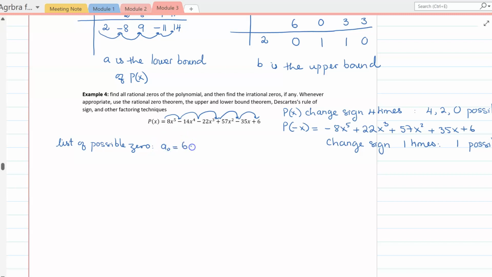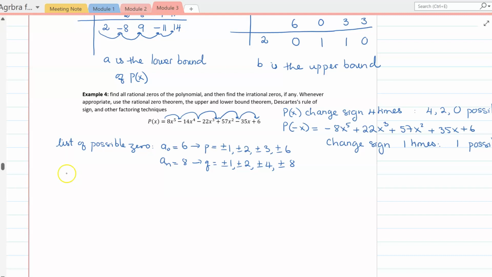A naught equals 6, so p equals plus minus 1, plus minus 2, plus minus 3, plus minus 6. An is equal to 8, so q equals plus minus 1, plus minus 2, plus minus 4, and plus minus 8.